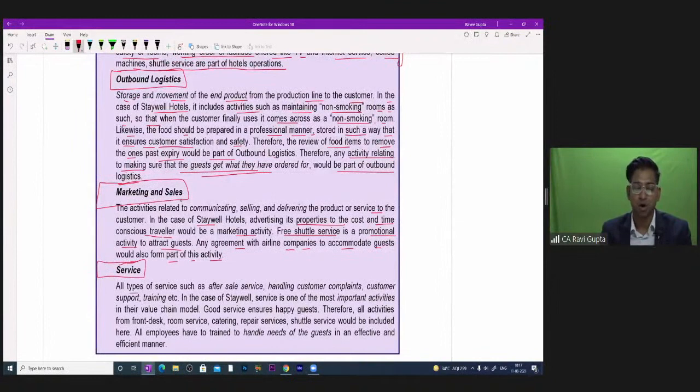Then services: all types of service such as after sales services, handling customer complaints, customer support, training, etc. In the case of Stay Well, services is one of the most important activities in their value chain model. Yes, good services ensure happy guests. Therefore, all the activities from front desk, room service, catering, repair services, and shuttle services would be included here. All employees have to be trained to handle the needs of the guest in an effective and efficient manner.